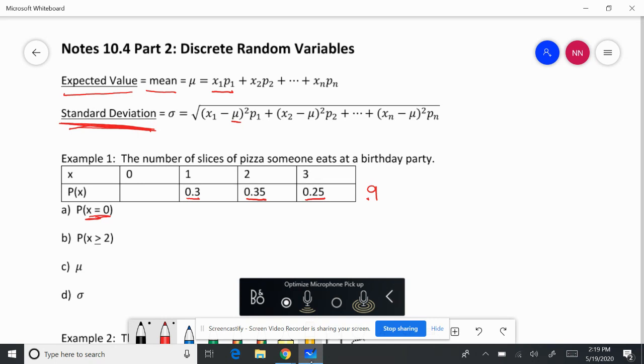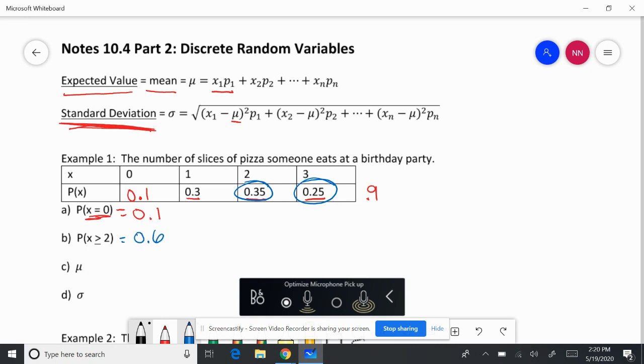So that means that this has to be 0.1 because 0.1 plus 0.9 gives us 1. So that would be our first answer. Now our second answer would be greater than or equal to 2. That means that it includes 2 and it includes 3. So when we add that up, that gives us 0.6.